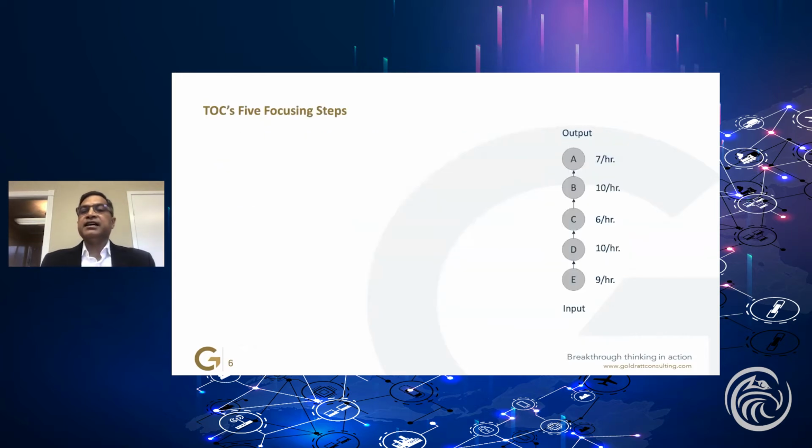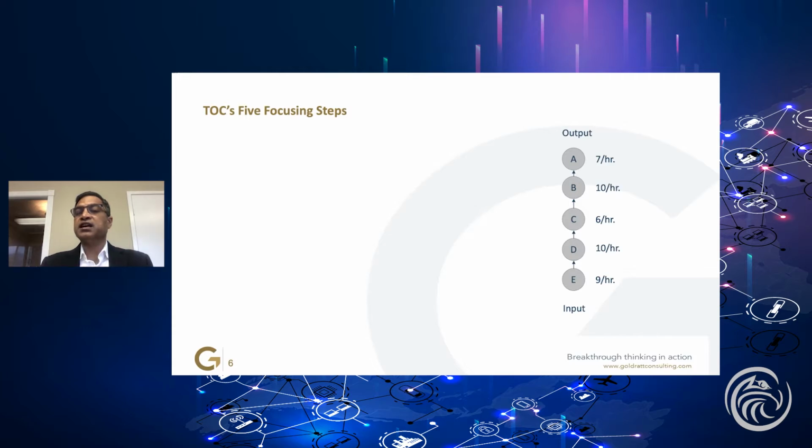With that, I just want to spend a little bit of time on the 5 focusing steps using a very simple example. You see on the right a small process. This can be a factory or an administrative process or a logistics process or any process that you can think of.